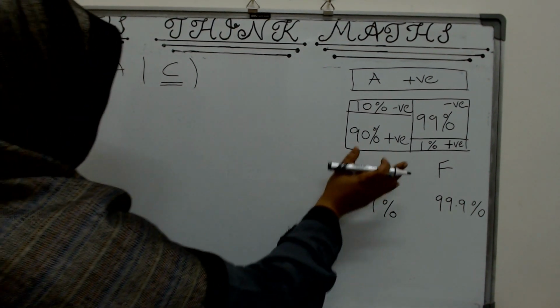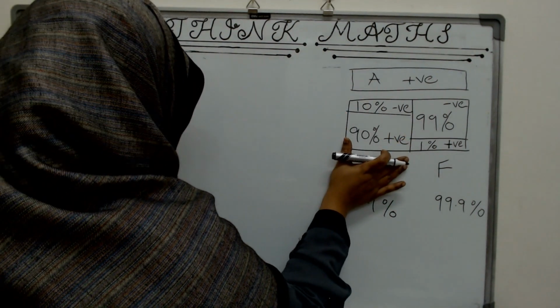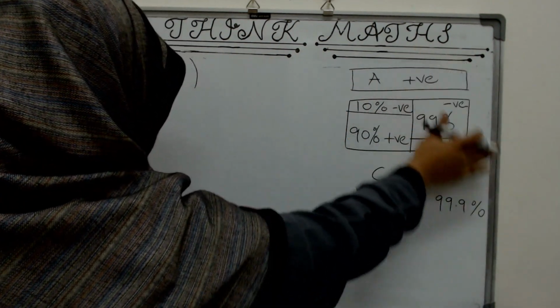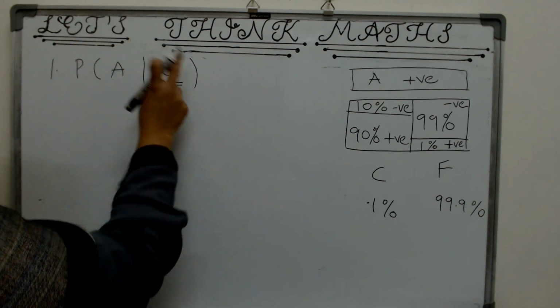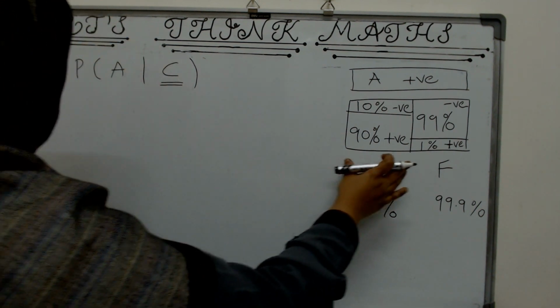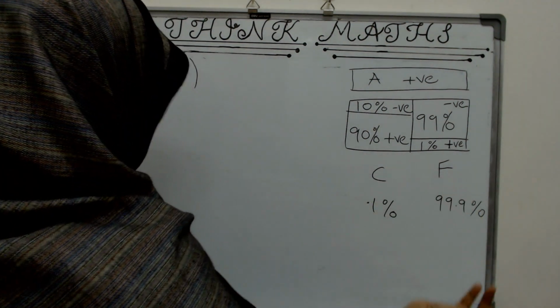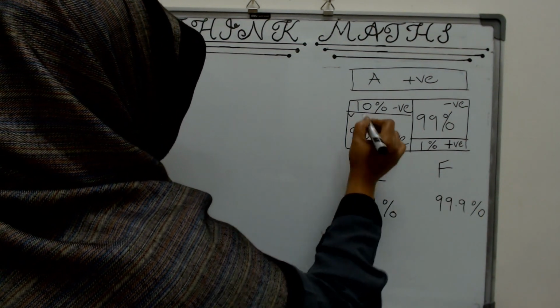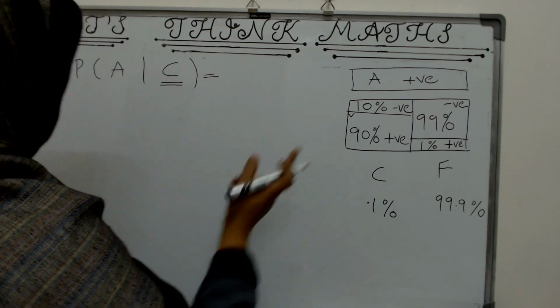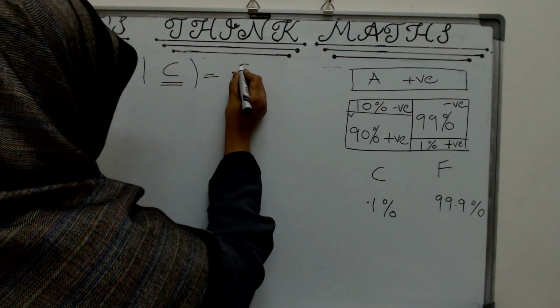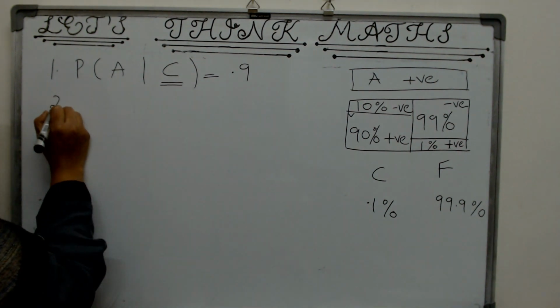We are considering only C. We are not bothered about F, because it is a conditional probability. It gives C as the main event that happens. So this person has COVID, which means this person falls in this group. He was correctly diagnosed. And what is its probability? 90%, which means 0.9.